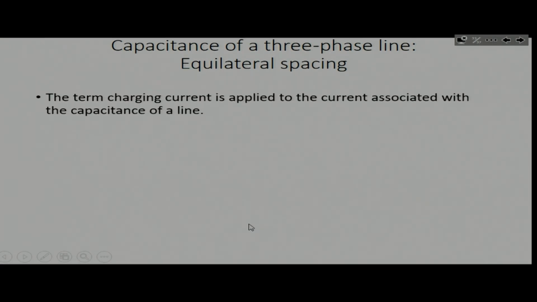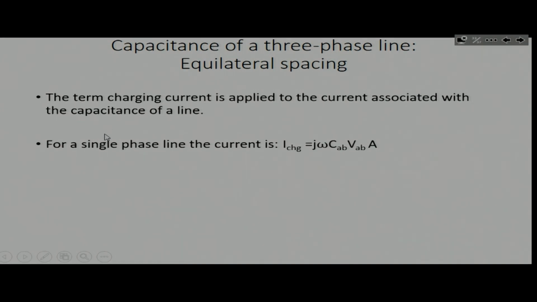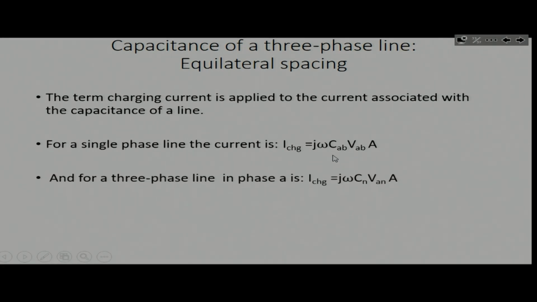Now, charging current is applied to the current associated with the capacitance of a line. So for a single-phase line, I charging is j omega CAB times VAB. And for a 3-phase line, j omega CN times VAN.